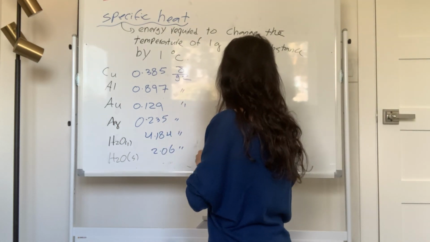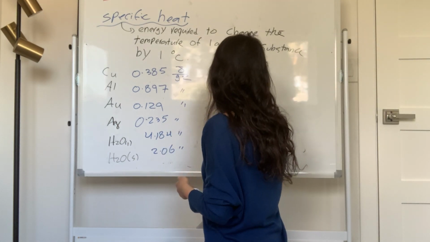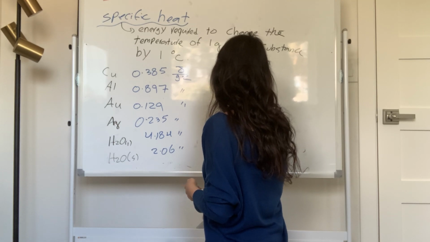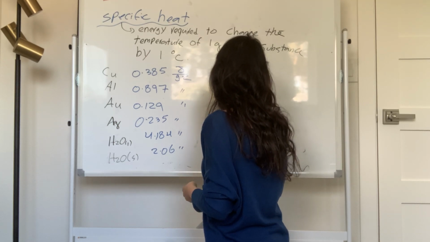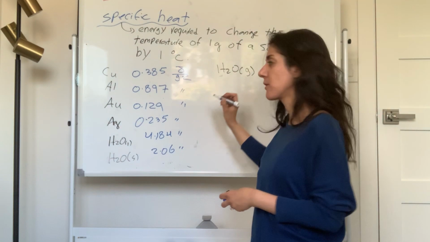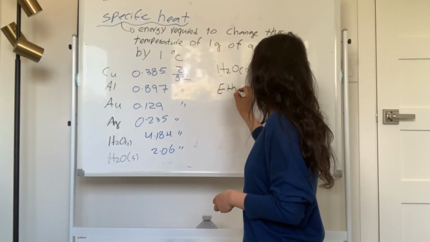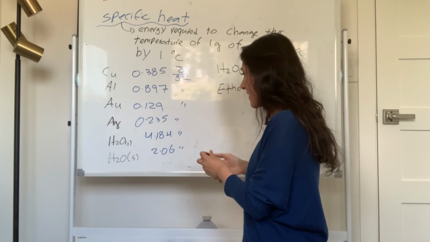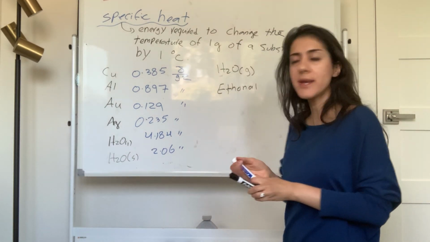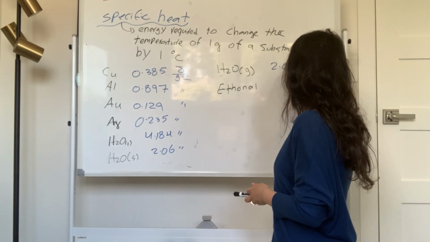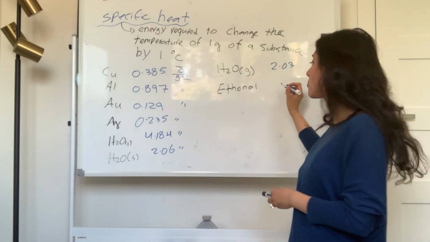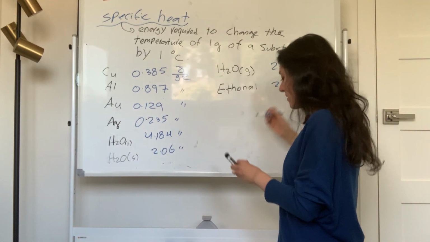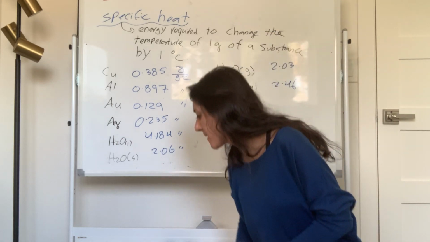Water, gas, and then the last one is ethanol. Specific heat of water gas is 2.03 and ethanol is 2.46.